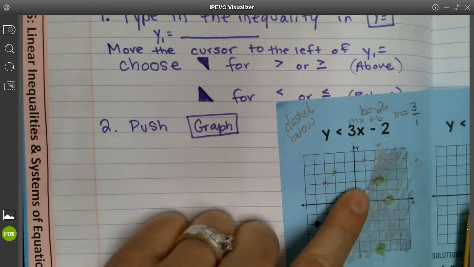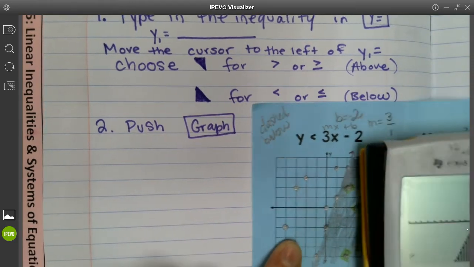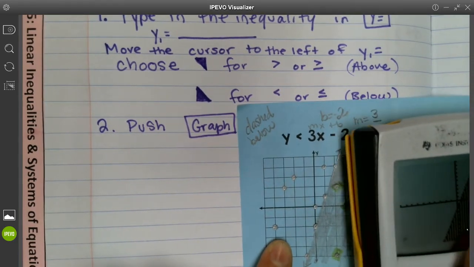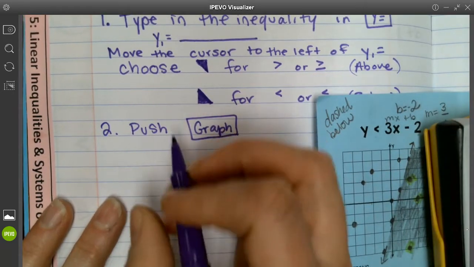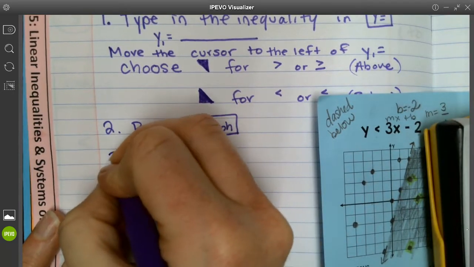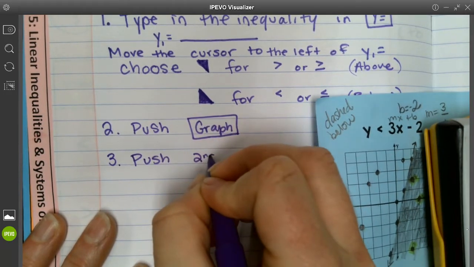But some of y'all still struggle with how the line looks, and maybe you graphed it and then looked here and saw that it was wrong. What you can do is, step 3, push second graph to look at the table.